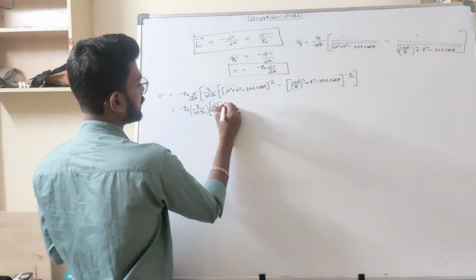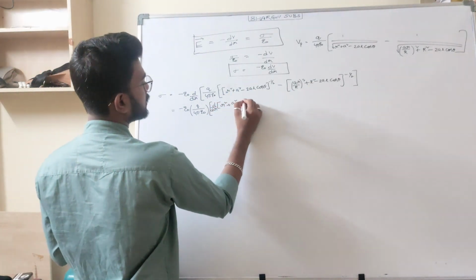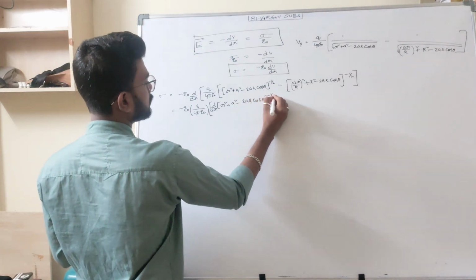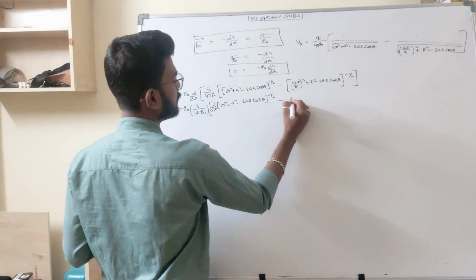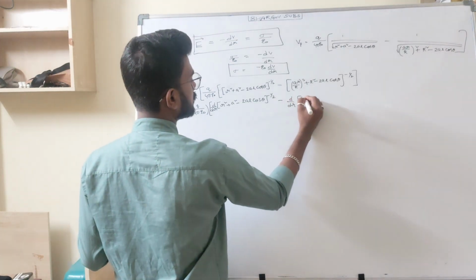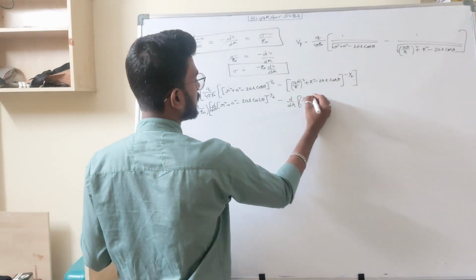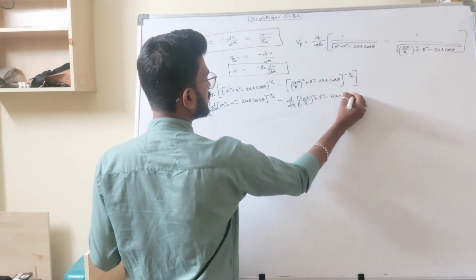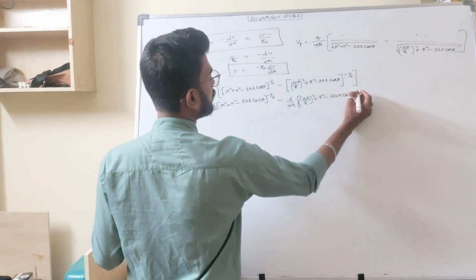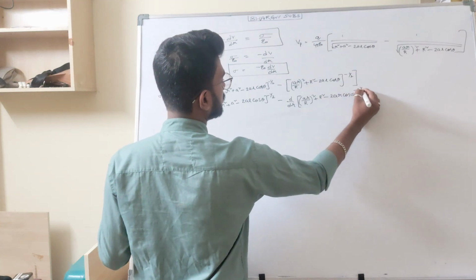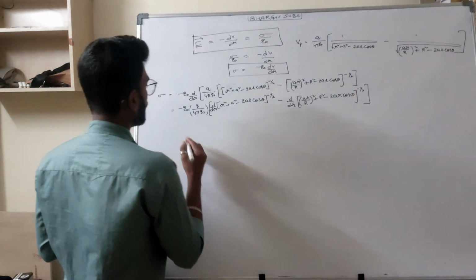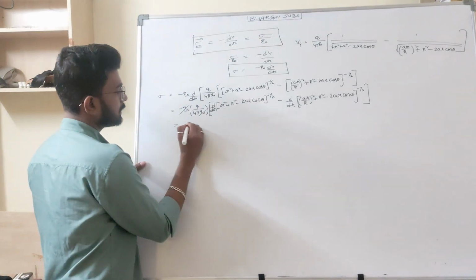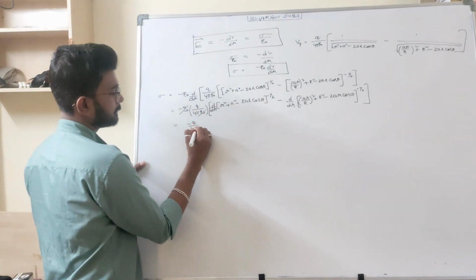First I differentiate (r square plus a square minus 2ar cos theta) whole to the power minus 1 by 2, minus, again I will differentiate (a r by capital R) whole square plus r square minus 2ar cos theta whole to the power minus 1 by 2. I can cancel epsilon naught, then I will get minus q by 4 pi.